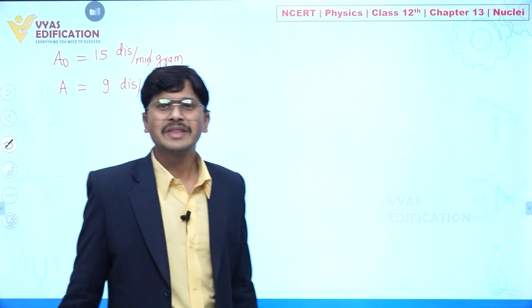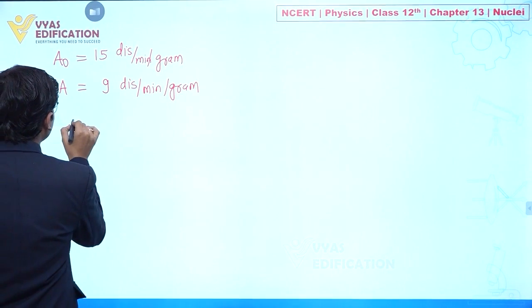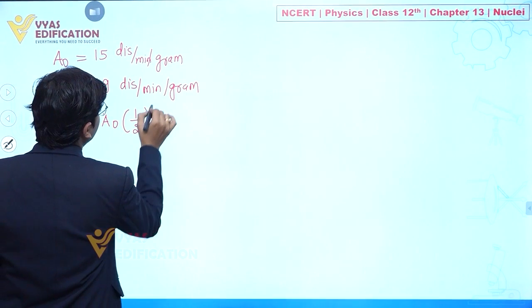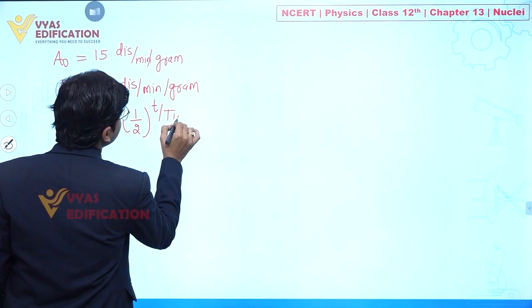Now we know one formula: A equals A naught times (1 by 2) power T divided by T half.